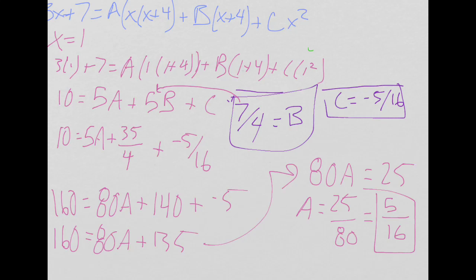So we have a, b, and c. So just like in the other problems, we're going to wrap this all up by actually writing our partial fraction decomposition. So do that now and come back to me when you're done with that.